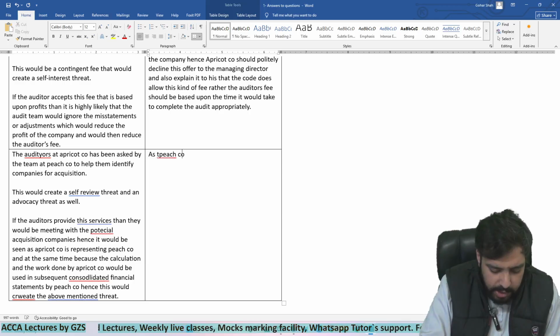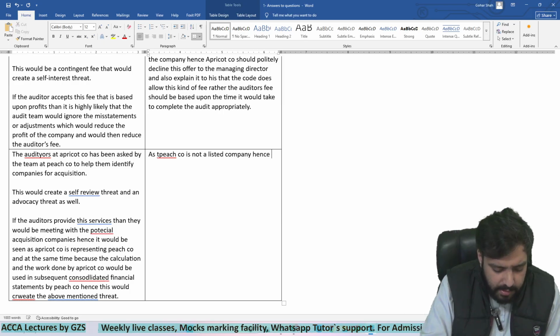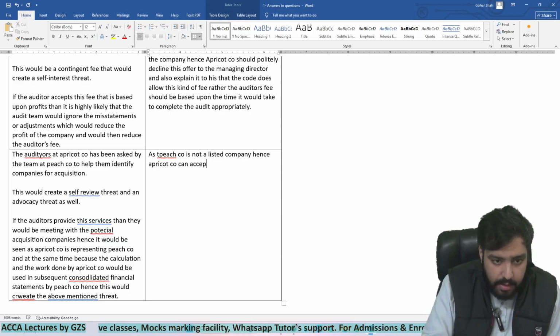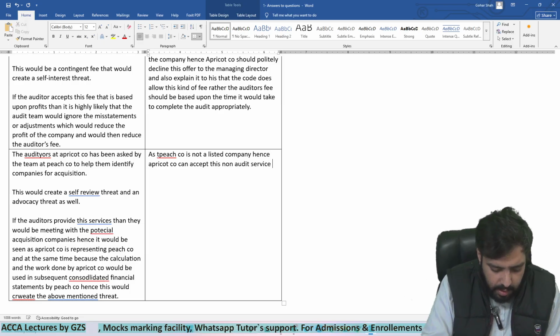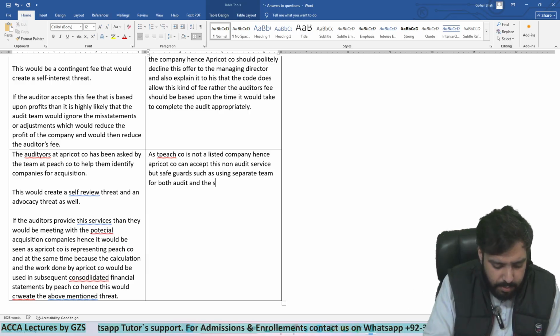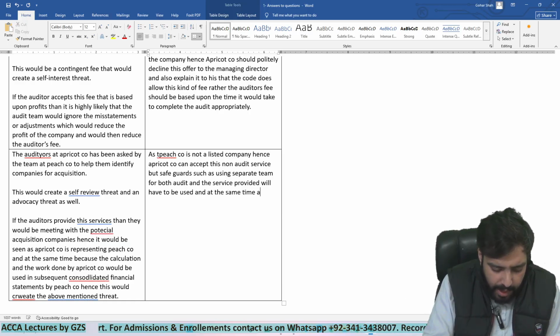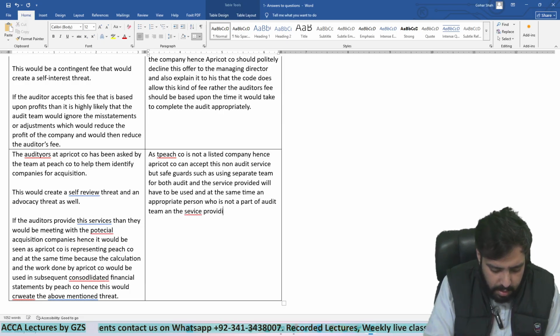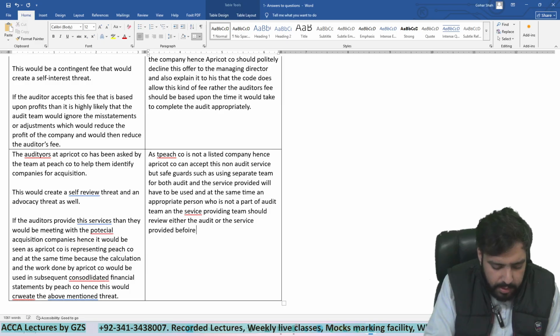As Peach Corporation is not a listed company, Apricot Corporation can accept this non-audit service, but safeguards such as using separate teams for both audit and the service provided will have to be used, and at the same time an appropriate person who is not a part of the audit team and the service providing team should review either the audit or the service provided before the audit opinion is issued.